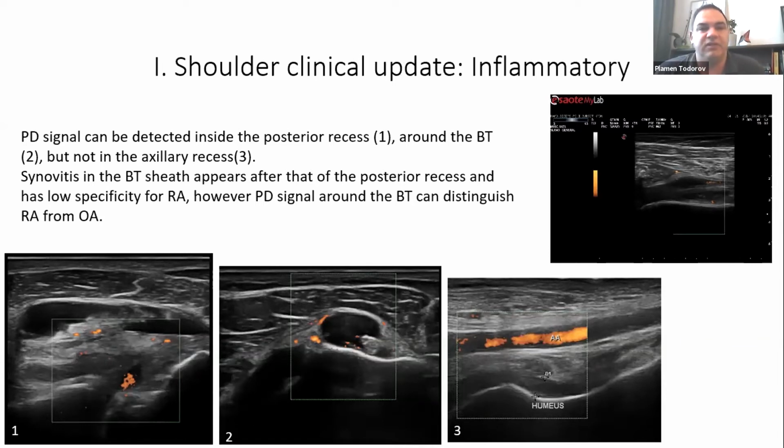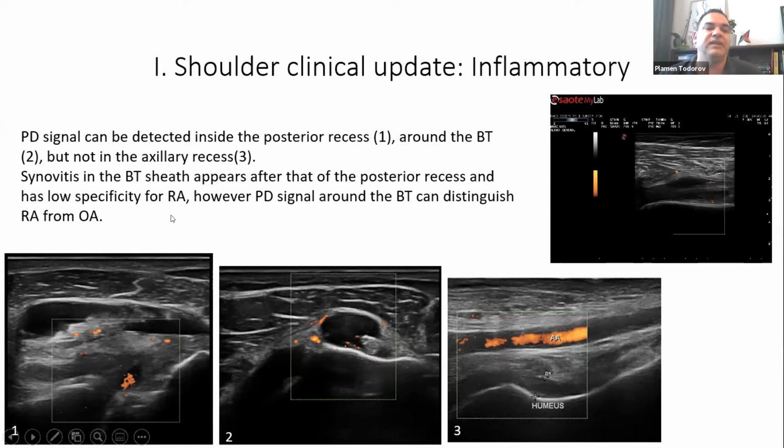Another thing about the inflammatory conditions is that power Doppler can be detected inside the posterior recesses, like here in picture 1, and around the biceps tendon in picture 2, but usually not in the axillary recesses, like here in picture 3.